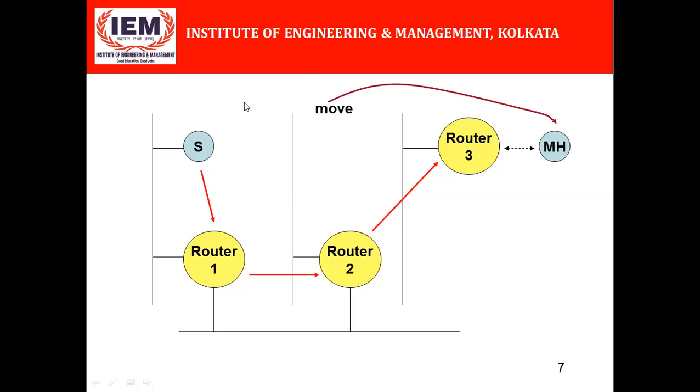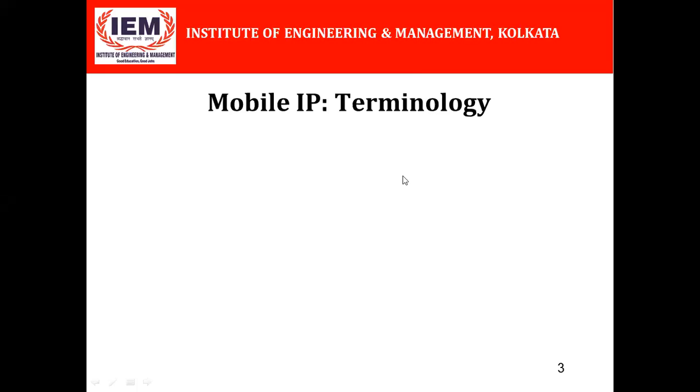This is the most important communication way out for mobile IP. Now I want to tell you some common terminologies under mobile IP. First, the mobile node. It is the handheld communication device that the user can carry, simply like our cellular phone.